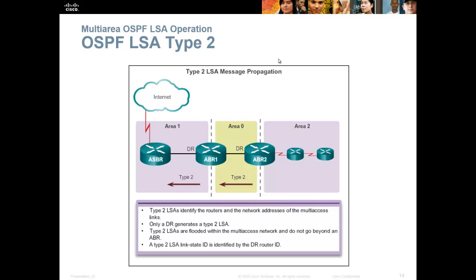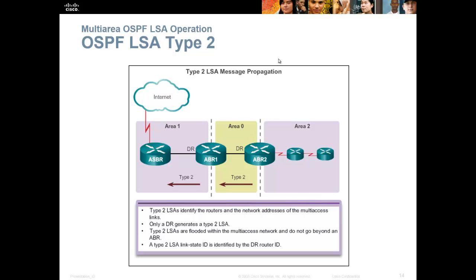Everybody sends something to the DR on 224.0.0.6, and then the DR says, hey, I'm going to send out this new type 2 message on 224.0.0.5, and that goes out to all the other routers. So your type 1 is generated by all routers, and your type 2 is only generated by a designated router. Each area has a designated router, and each area's designated router would generate a type 2 message.